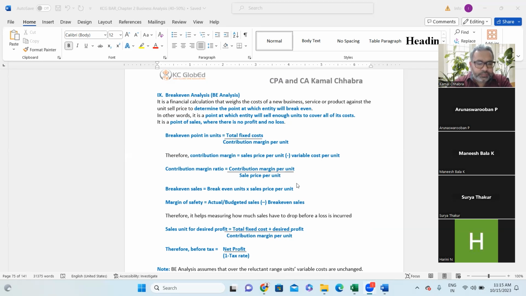So your contribution margin is $4 per unit, which is $10 minus $6. So contribution margin per unit is 4 and the sales price is 10. That means your contribution margin ratio is 40%, or 4 over 10. Makes sense? That's how you need to calculate the contribution margin.